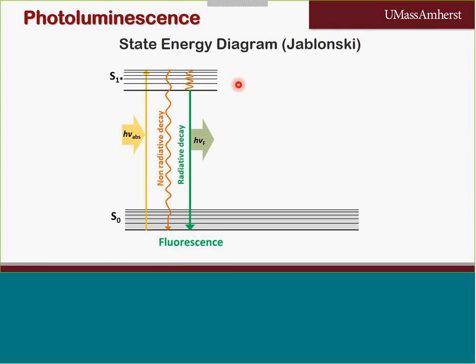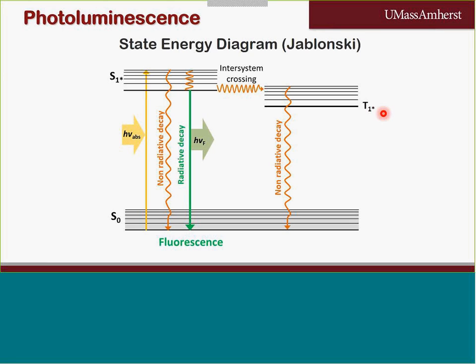Alternatively, the excited state can transition, in a process called intersystem crossing, to another high energy state, which is a triplet excited state, from which, of course, it has to decay in order to reach ground state. The triplet excited state decaying by motion, of course, is non-radiative.